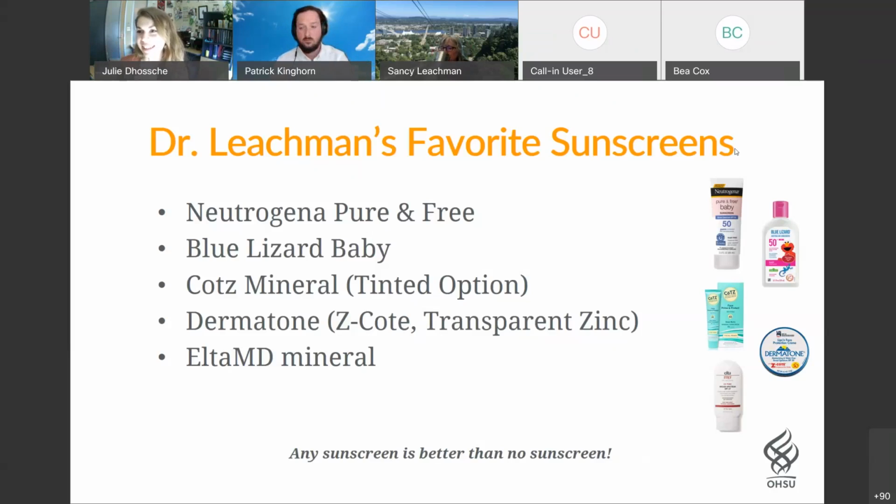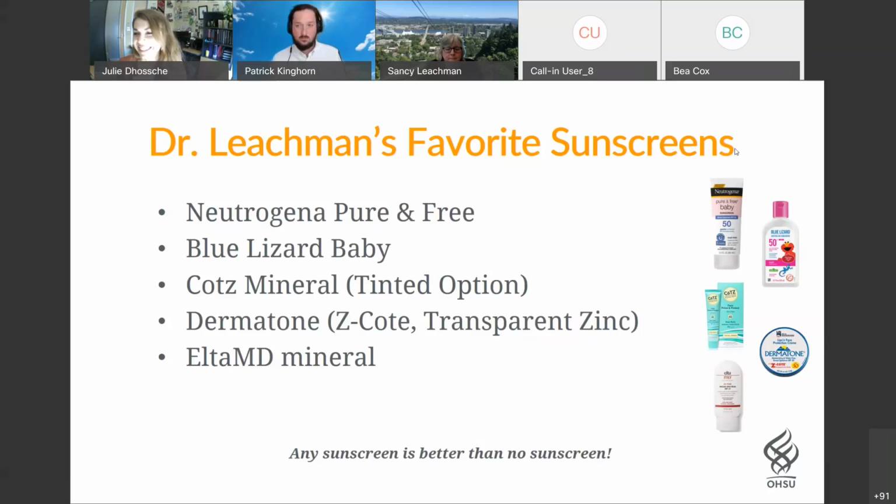But more recently, there are a lot of clear and tinted options, and they include vehicles that make them more spreadable and easier to apply. Coats Mineral is one of those that's a little easier to apply, and it's got a tinted option. Some people may like that, but remember, if it is tinted, that tint can also come off on your beach towel.